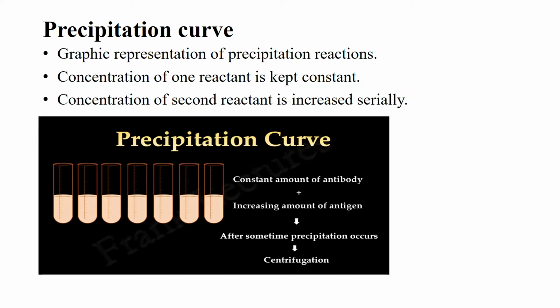In the next step, we are going to increase the amount of antigens. After some time precipitate occurs, and after that the next step is centrifugation of each of the samples, and then we discard the supernatant and measure the precipitate.